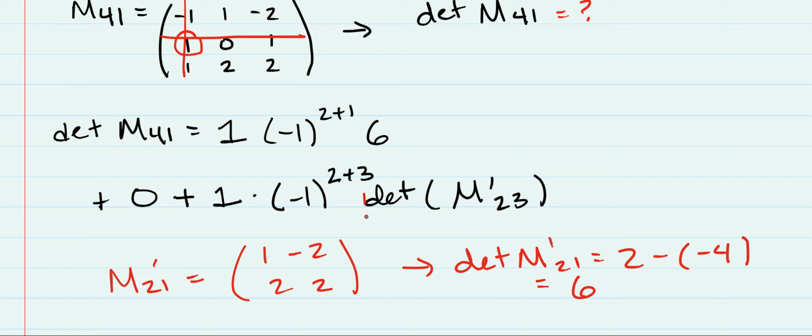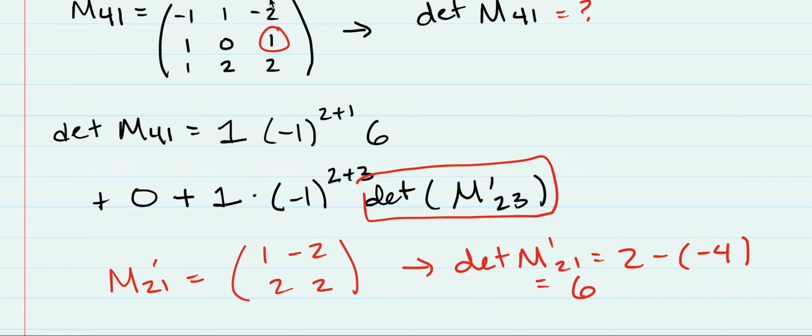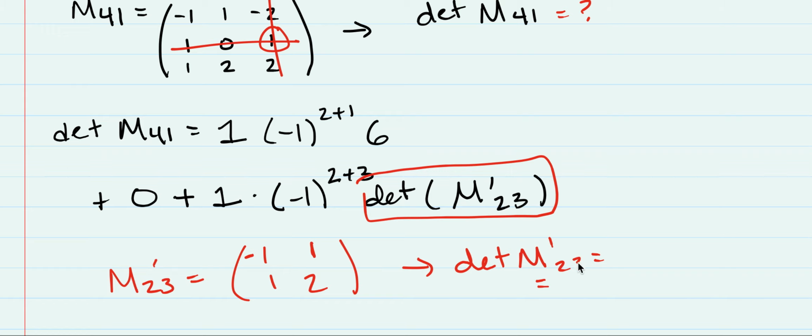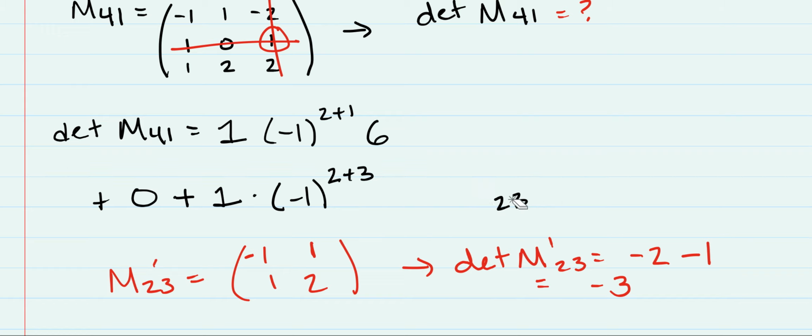Now let's find the determinant of this matrix. That corresponds to this entry. Cross these out. We have -1, 1, 1, 2. That is this new matrix, which is M23 prime. So our determinant is -2 minus 1, which is -3. So I'm going to erase this and put -3.